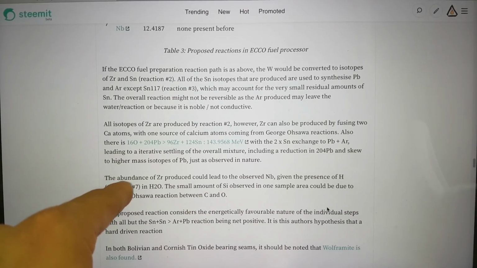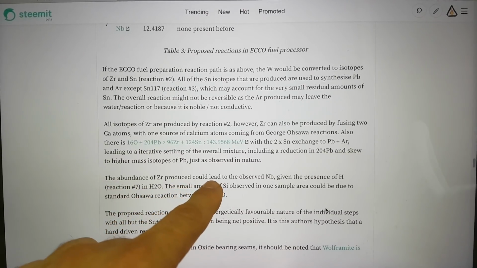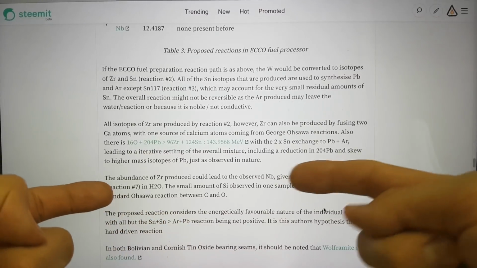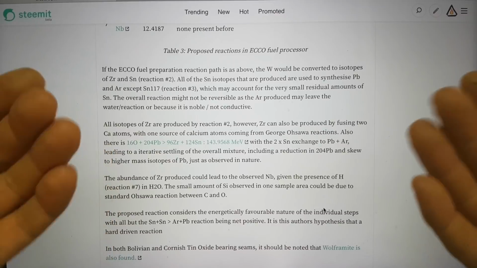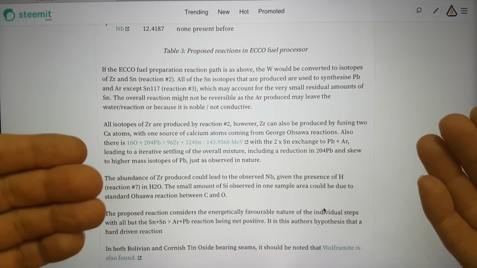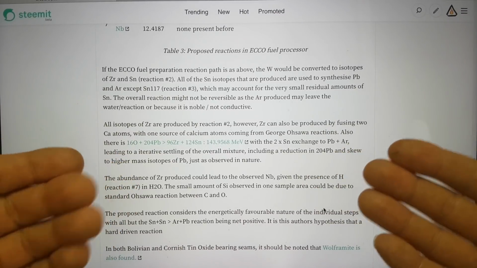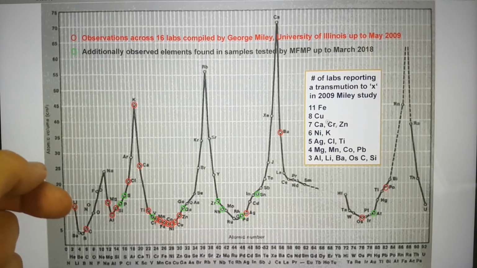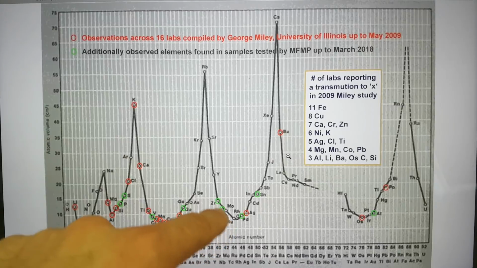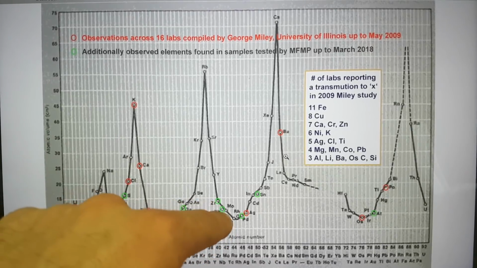Okay, the abundance of zirconium produced could lead to the observed niobium, because there's so much zirconium, and because I'm saying that the active agent is able to produce reactions that have a favourable direction, and of course going from zirconium to niobium is a fairly large change in atomic volume.